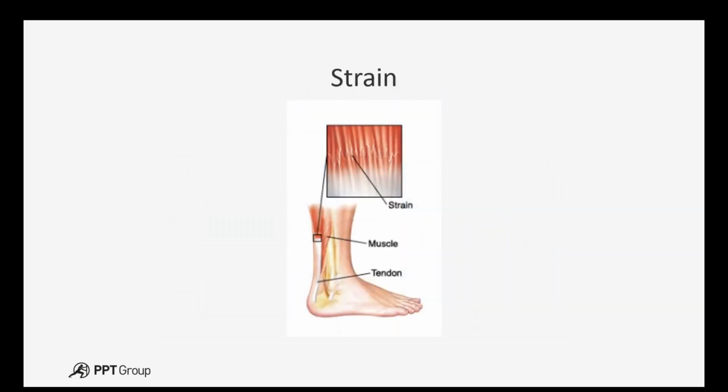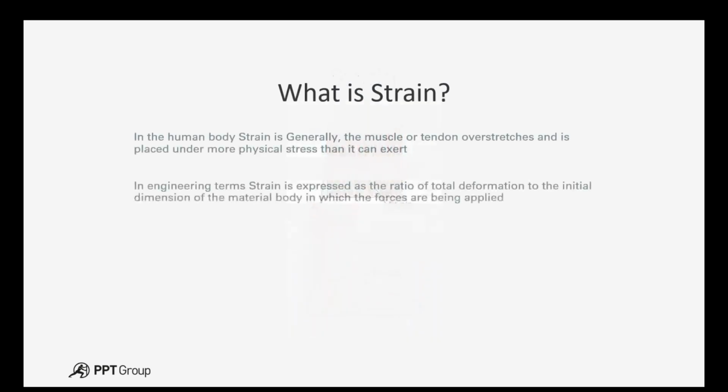The other one that we are looking at is strain. Now, when you ask people what strain is, people are familiar with the fact that they might pull a muscle or a tendon. You tend to do that when you overstretch it. It gets more physical stress than it can handle. But in engineering, strain is expressed as a ratio of the deformation to the initial dimension of the body or the material in which the force is applied.